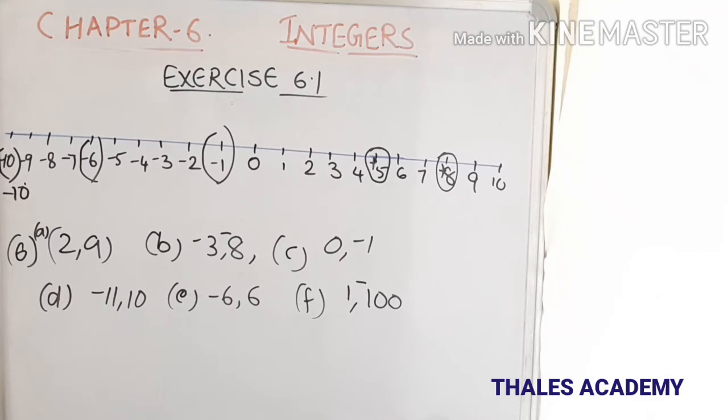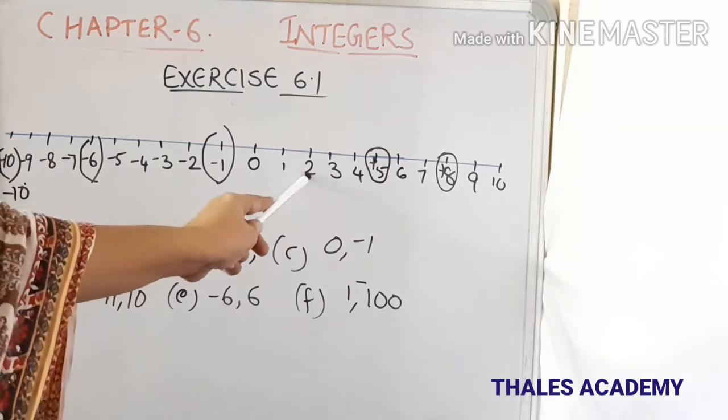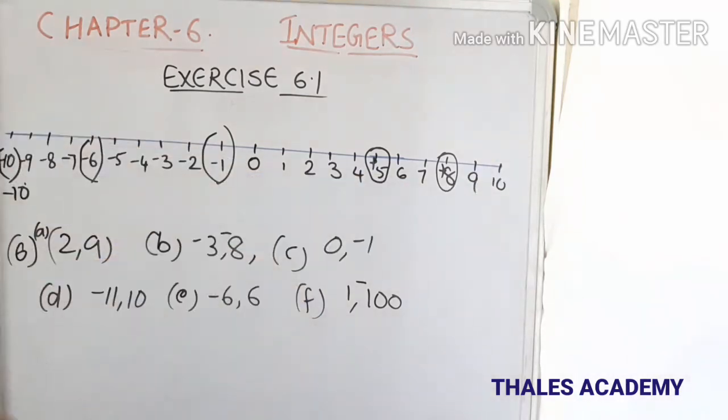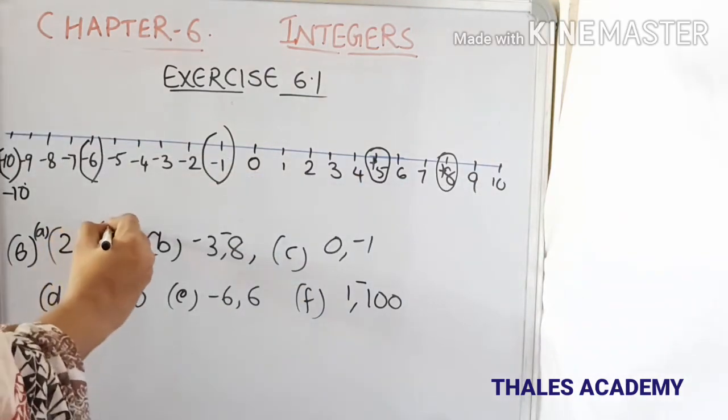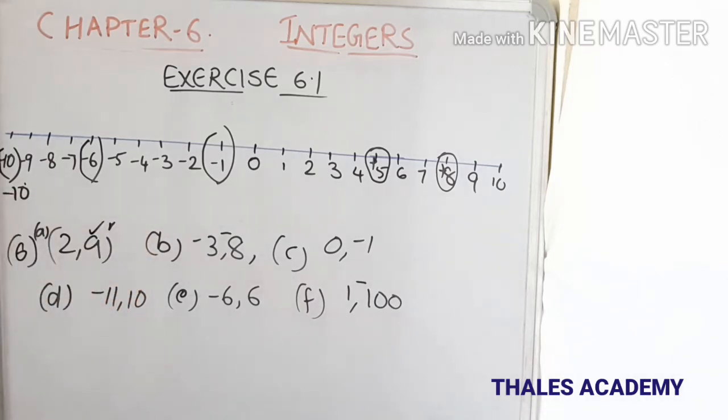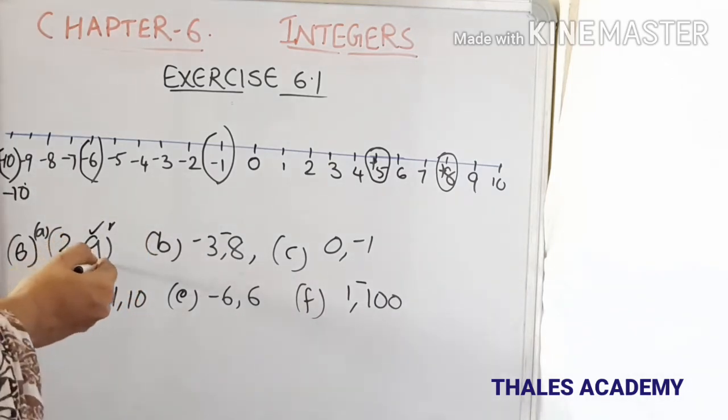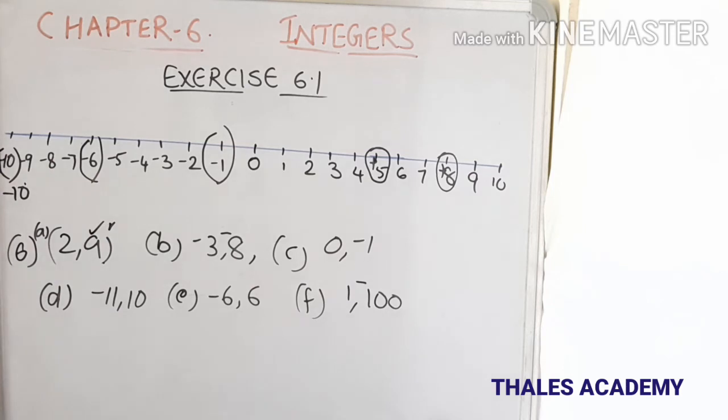The sixth question, in each of the following pairs, which number is to the right of the other on the number line? The first pair is 2 and 9. 2 is here and 9 is here. So 9 is right of 2. Next pair is minus 3 and minus 8.